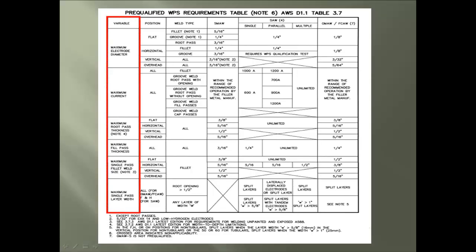Variable, position, weld type, shielded metal arc welding process, submerged arc welding process, gas metal arc welding, and flux core arc welding processes.